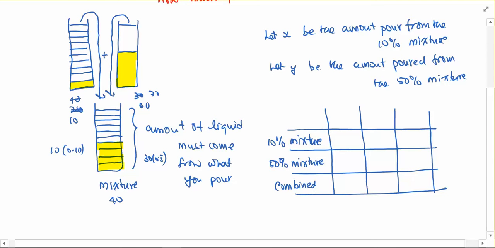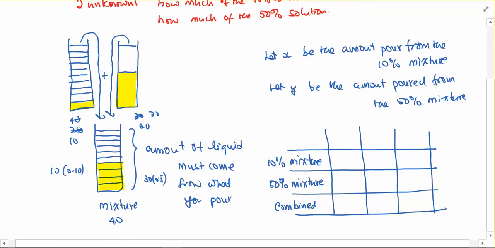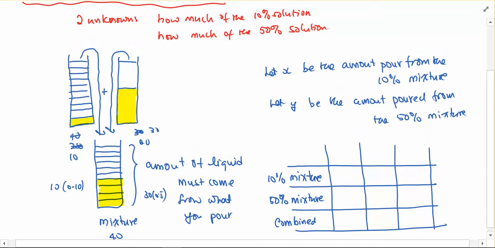And the columns should consist of the amount you put. So in our case, this would be X and Y, and we know the combined amount is 40, and the strength. So this 10% mixture is a 10% strength, this is a 50% strength, and what we want the combined one to be is a 40% strength.